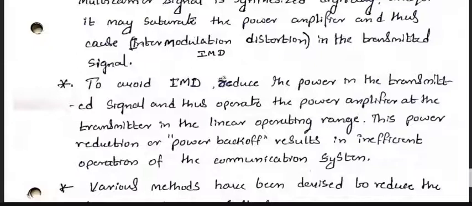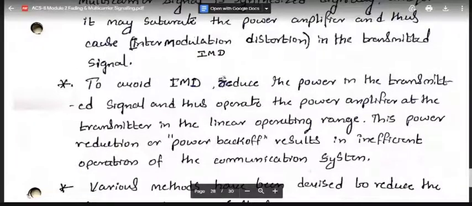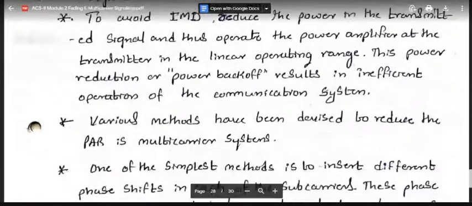Now various methods have been devised to reduce the peak to average ratio in multi-carrier modulation. One of the best methods is to introduce a phase shift in each of the subcarriers.